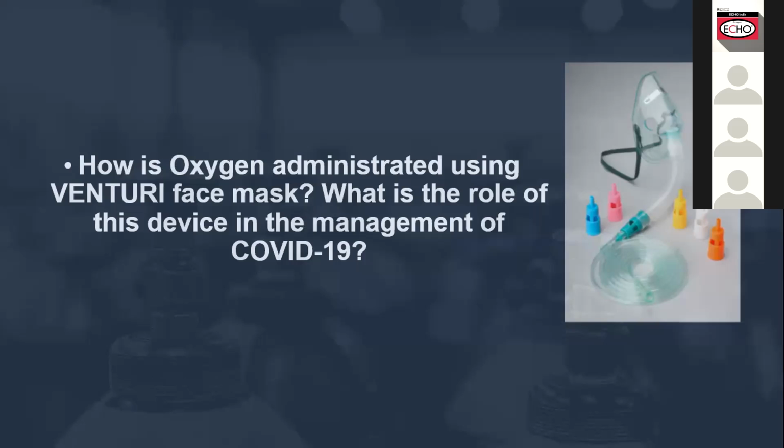You can see this mask has different valves, and each is delivering a precise, preset FiO2. Let's see the answers and discuss how the Venturi face mask is used to deliver oxygen. Next slide.